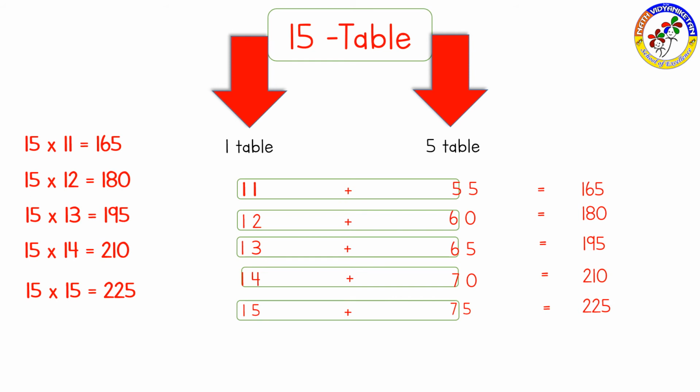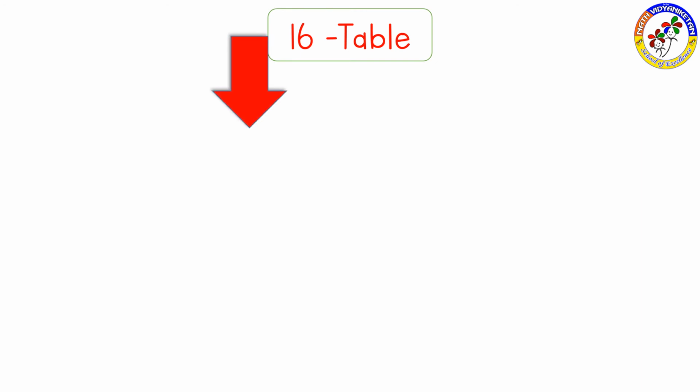Now let us go to another table. So the 16 table, same way we have to write the 16 table. So left side 1 is there, so write 1 table. 1 1s are 1, 1 2s are 2, 1 3s are 3, 1 4s are 4, 1 5s are 5.